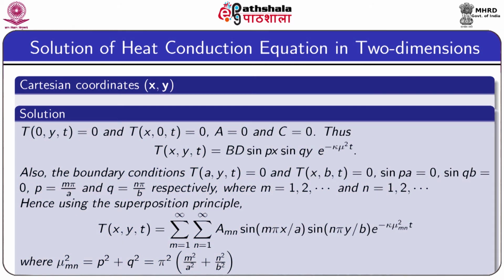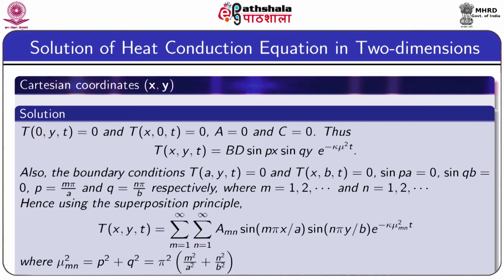Now applying the boundary condition, capital T at y equals b equals 0 implies sin qb equals 0. So this gives the values of q as q equals n pi by b, where n is an integer.